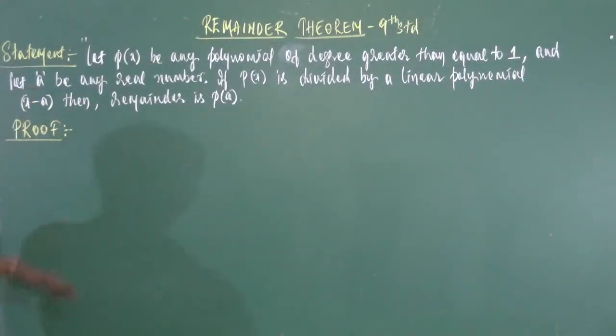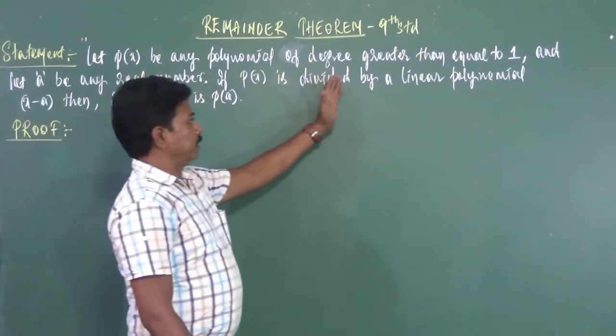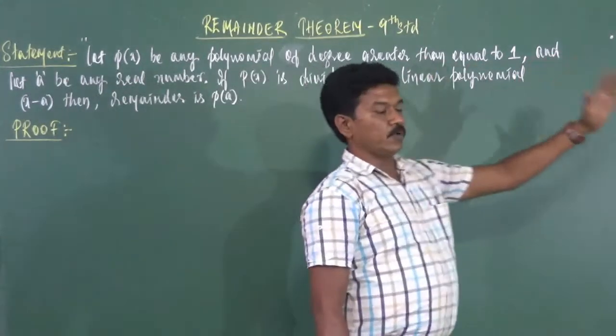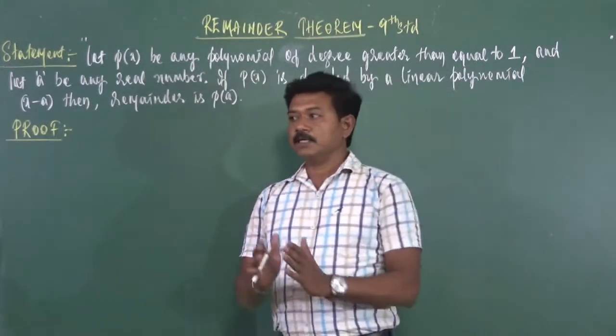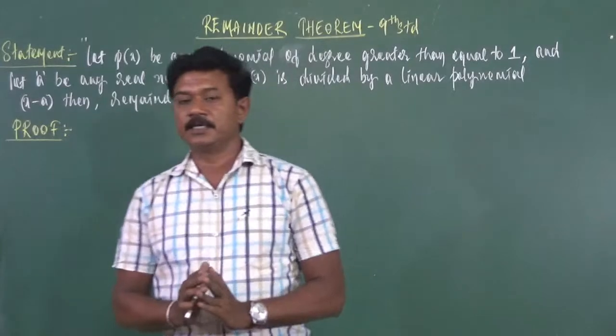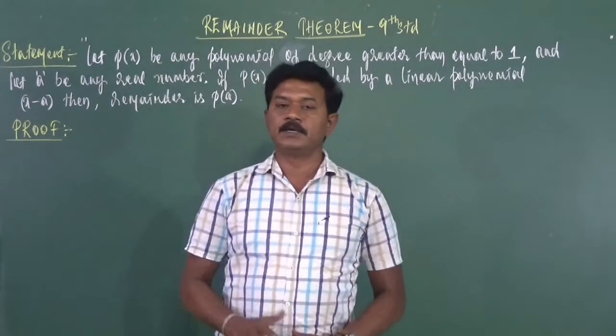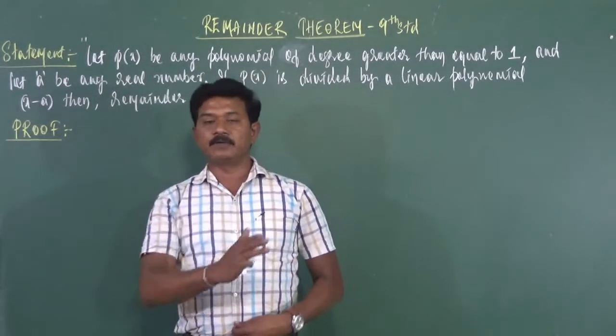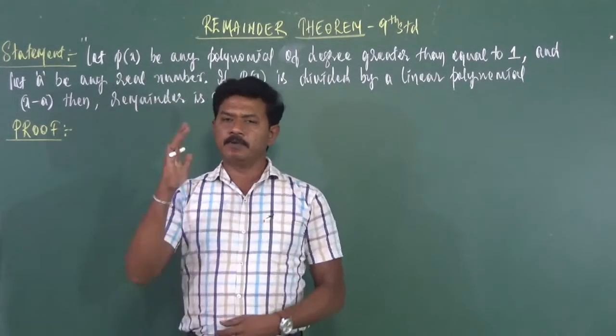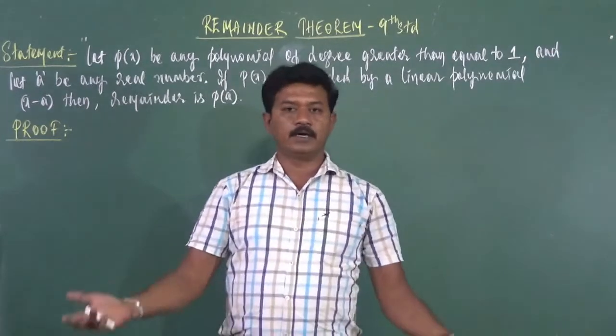This is the statement for that. Let p of x be any polynomial of degree greater than or equal to 1. Imagine a polynomial p of x where the degree of the polynomial is greater than 1, or it may be equal to 1 also.